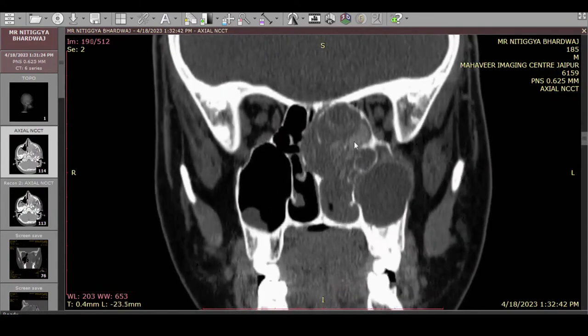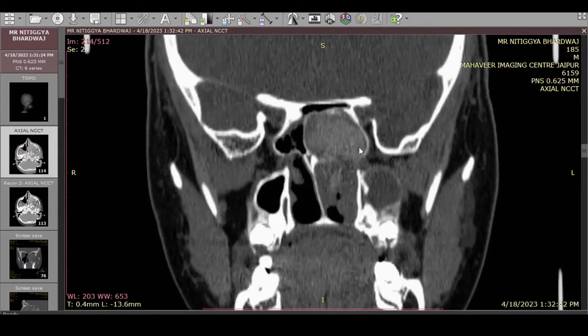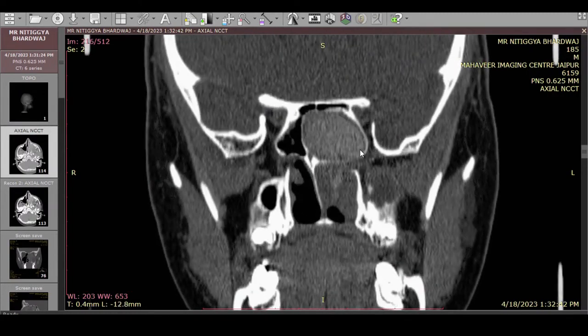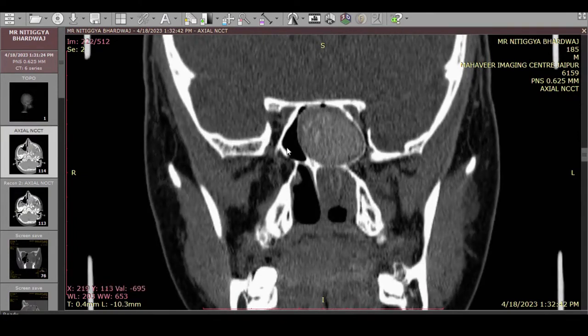And as we go behind, this is posterior going behind. Now the beginning of the sphenoid sinus. See the sphenoid sinus, fully expanded. See the intersinus septum deviated to the opposite side.